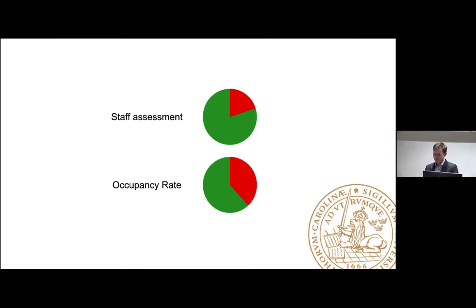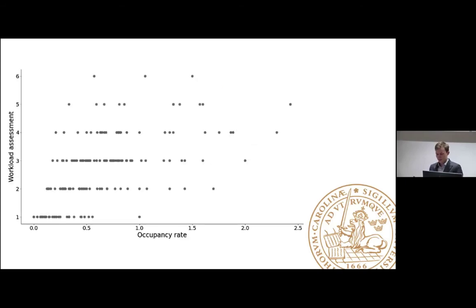I wanted to dig a little bit deeper into this difference between the occupancy rate and the staff assessment. I did this initially by just plotting these. You have the workload assessment on the y-axis and the occupancy rate on the x-axis. As you can see, there is clearly a visual correlation.